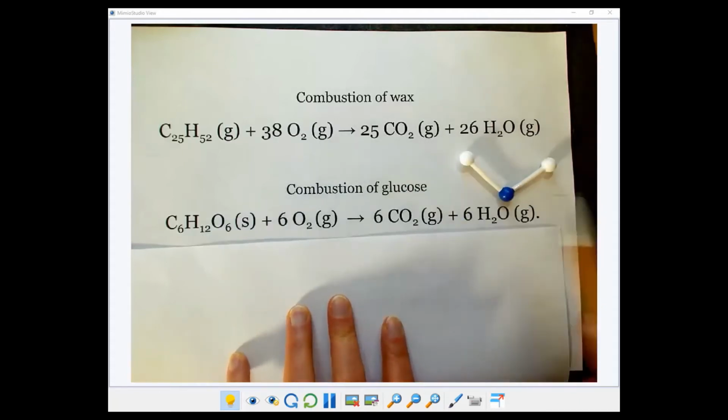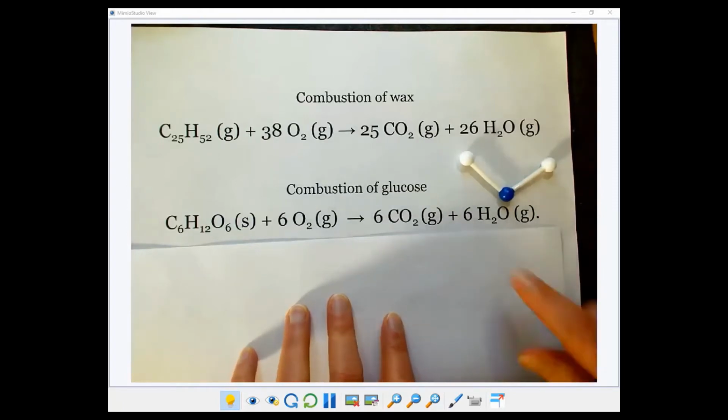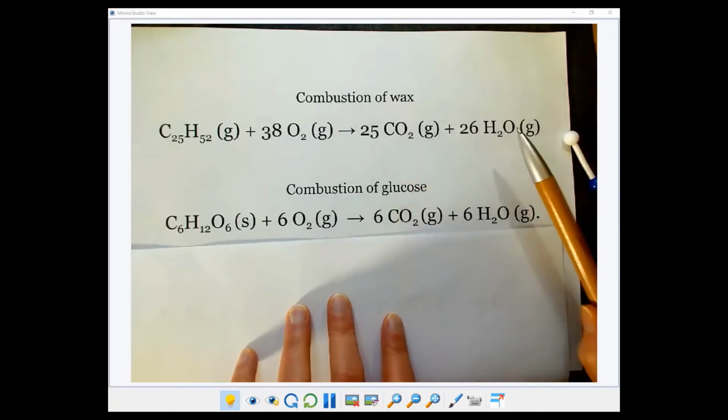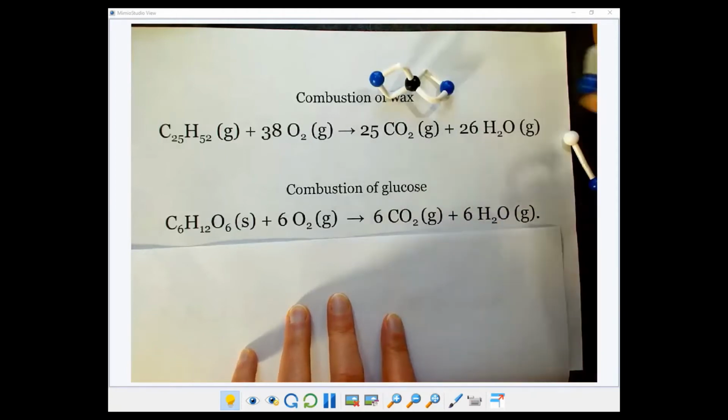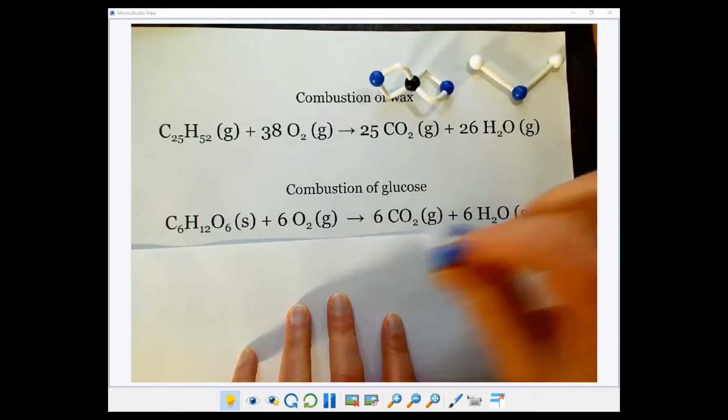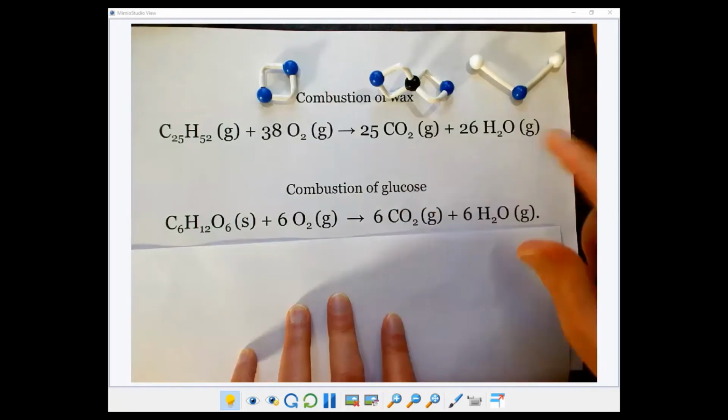It is balanced. You can check the oxygens as well, and I'll just tell you, it's balanced. And notice they both make carbon dioxide and water. They both make the same thing. So you take a fuel, react it with oxygen, you end up with carbon dioxide and water.